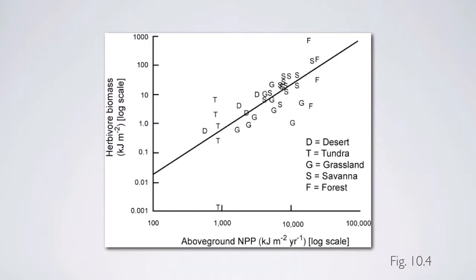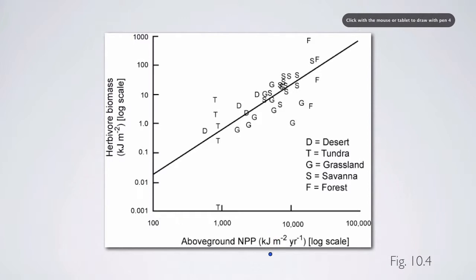This is figure 10.4, and it shows the log-log relationship between, on the x-axis, aboveground NPP. So here's ANPP on the x-axis. And you can see this is a log scale: 100 kilojoules per meter squared per year, 1,000, 10,000, and 100,000.